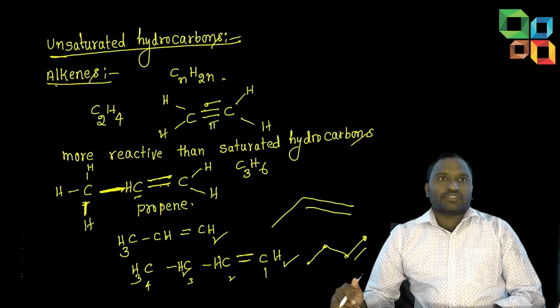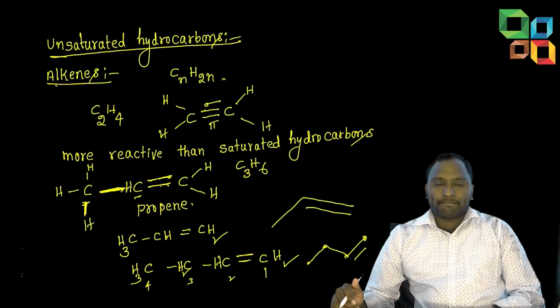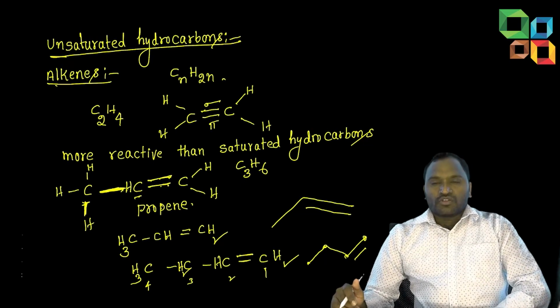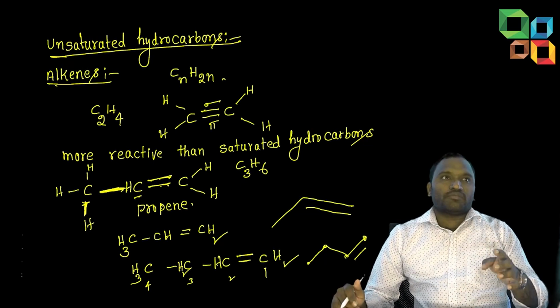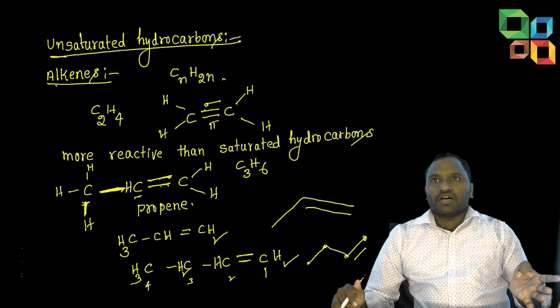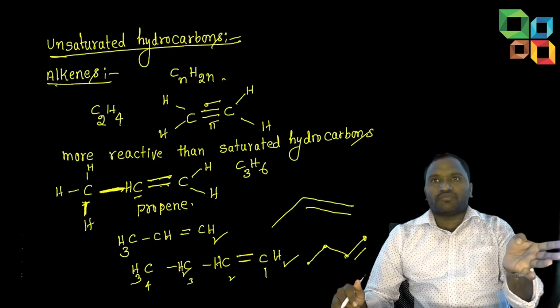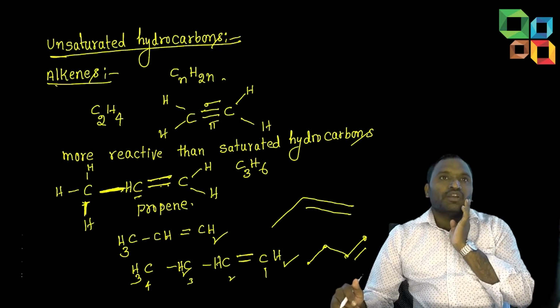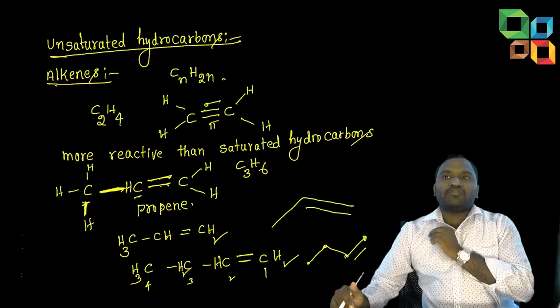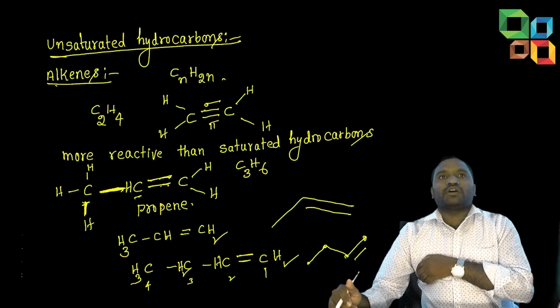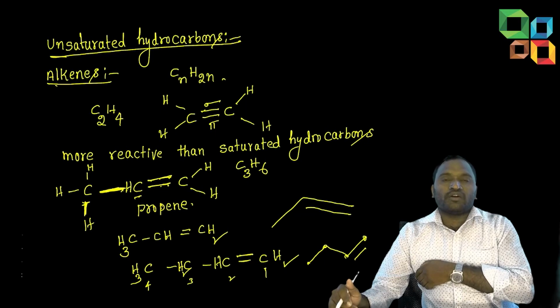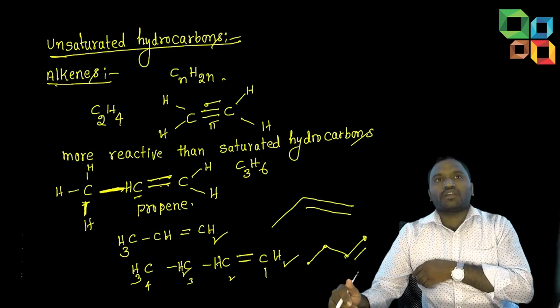Do it, students, first. So now you know how to arrange the number of hydrogens, how to write different alkenes and alkanes, and what the line representation of alkanes and alkenes is.